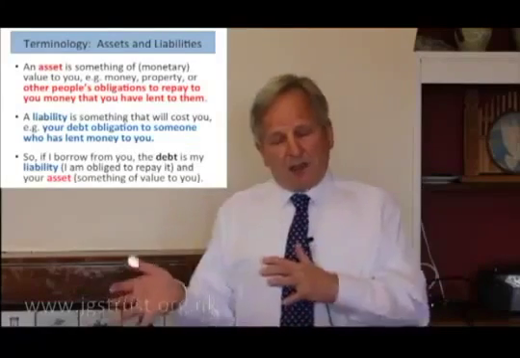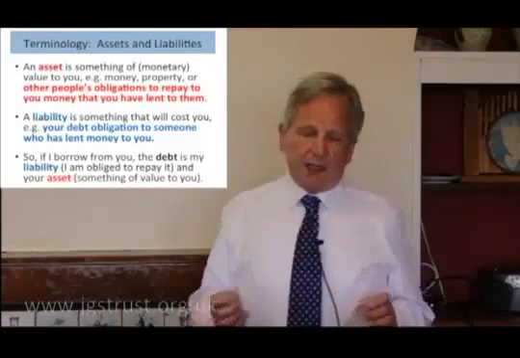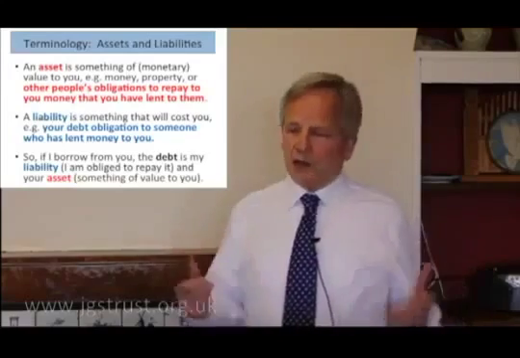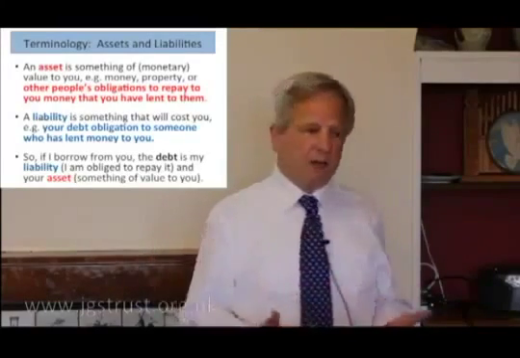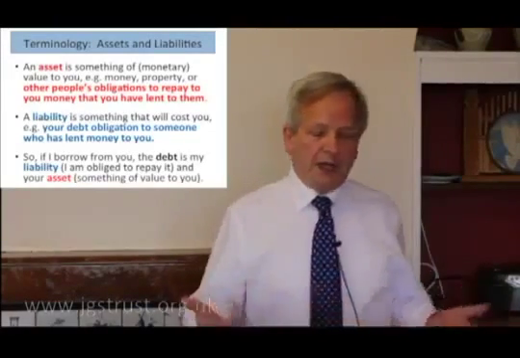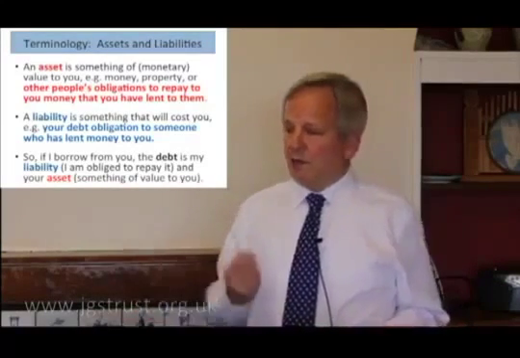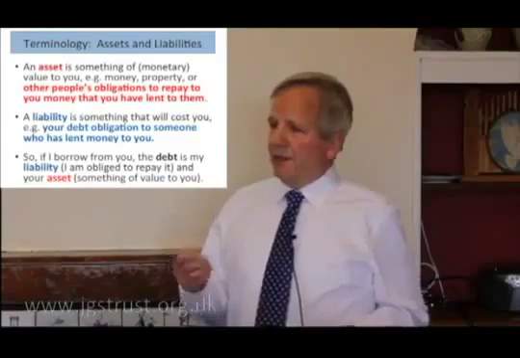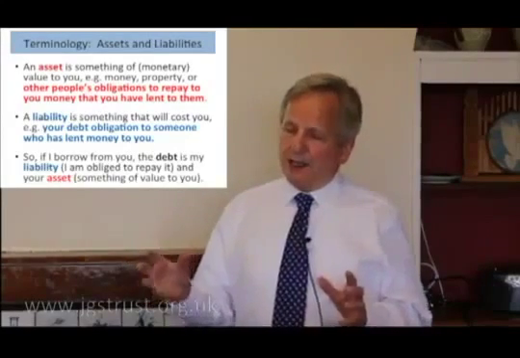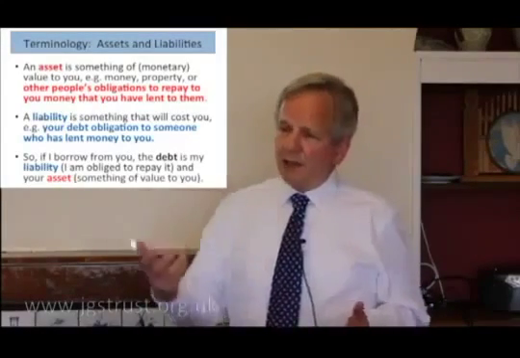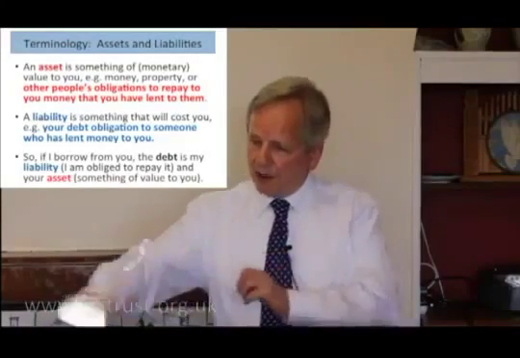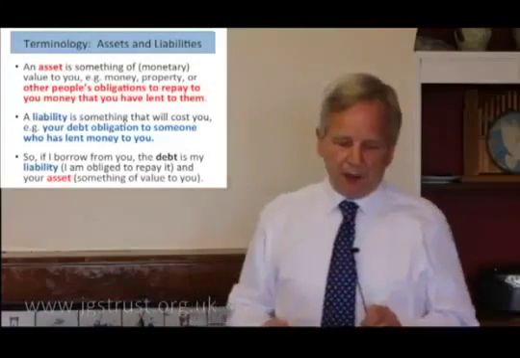Conversely, on the other side of that equation, there are liabilities, and that's something which is going to cost you. You have an obligation to somebody else, perhaps, to pay them money back at some time. So if I borrow money from you, then there's a dual aspect to that debt. It's my liability because I owe you, and it's your asset because you have a claim on me in the future.